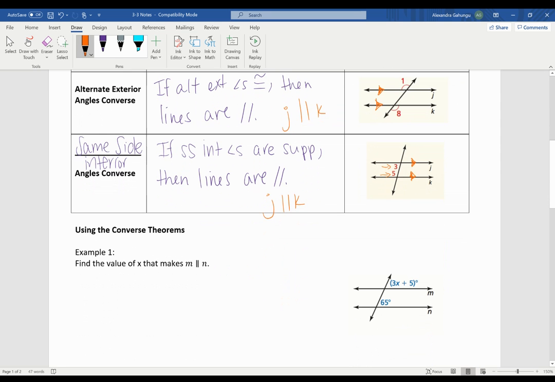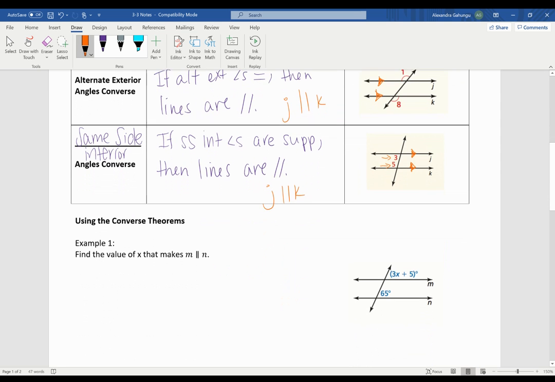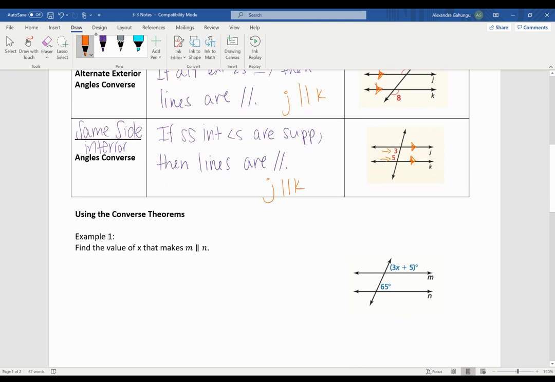And so using these theorems, we're going to find a value of x that would make line M parallel to line N. Well, one of the theorems we learned is about these angles here. And from what I notice, this angle and this angle are in kind of the same position. So that means I'm looking at corresponding angles. And in order for our lines to be parallel, corresponding angles have to be congruent.